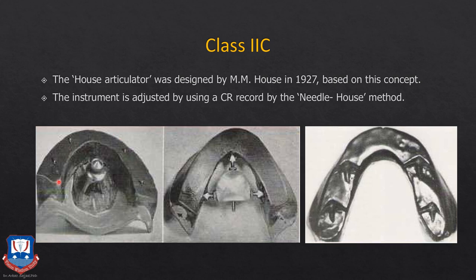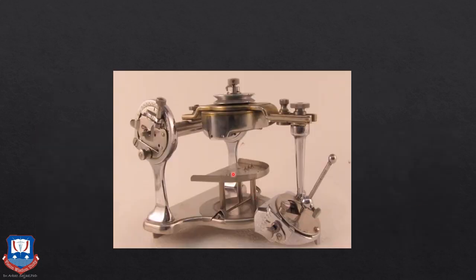In this, compound rims are fabricated with four stylus fixed on the mandibular rim, and the wax rim or the compound rim in the lower, and then the patient is asked to do various movements, and these diamond shaped tracings are recorded. The House articulator then accepted these tracings to mount the maxillary and the mandibular casts. So the Needle House tracing method is used for the articulation of the models in the House articulator only.